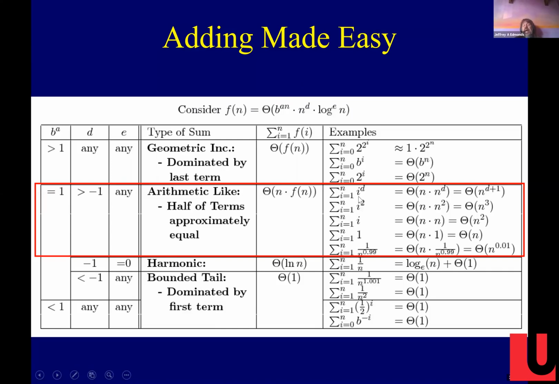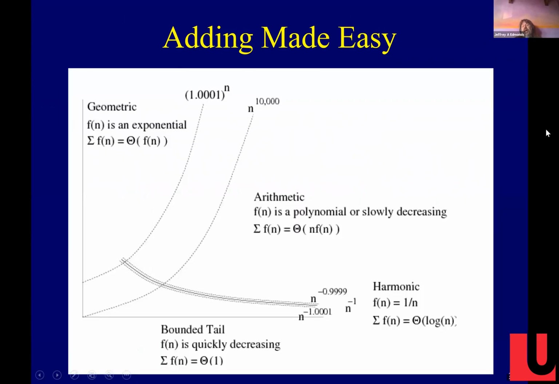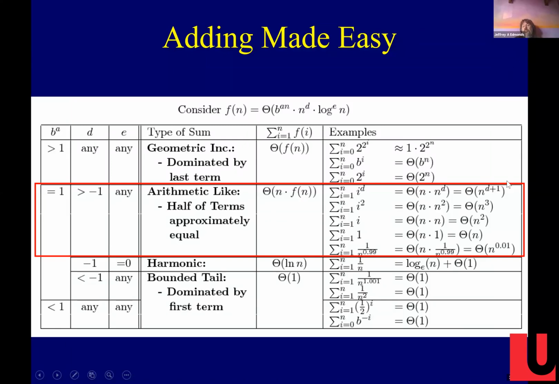Well, if f is i to the d, then the answer is good enough. In fact, you might remember from integrating that if you integrate i to the d, you get 1 over d times i to the d plus 1. So there's a 1 over d here. Does that make sense?